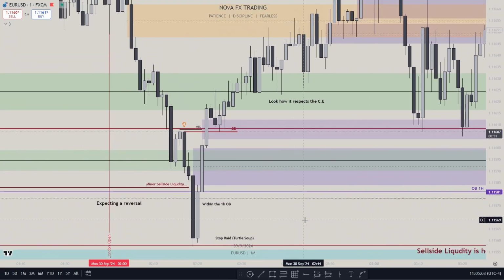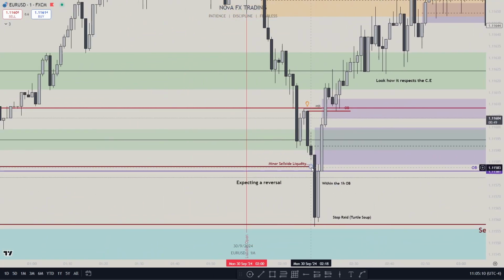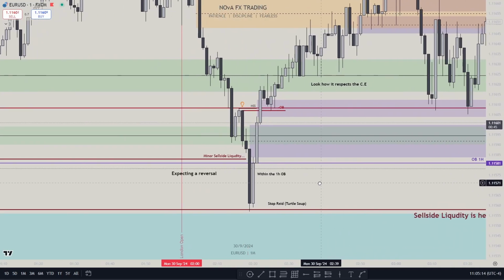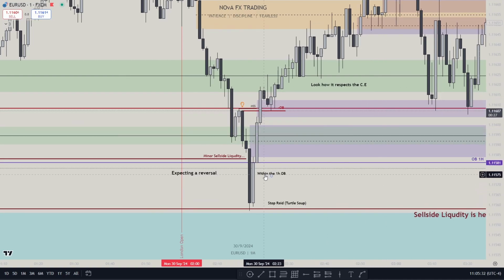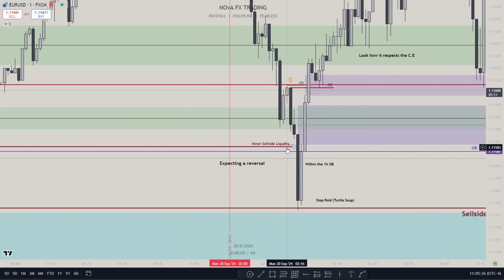Now finally it went through this sell side liquidity, and we can see that the price is now within the range of this 1 hour order block, which was our primary draw on liquidity, because we wanted the price to come down, make a sweep of liquidity, and then reverse. So please note that our price is now within this range of the order block.